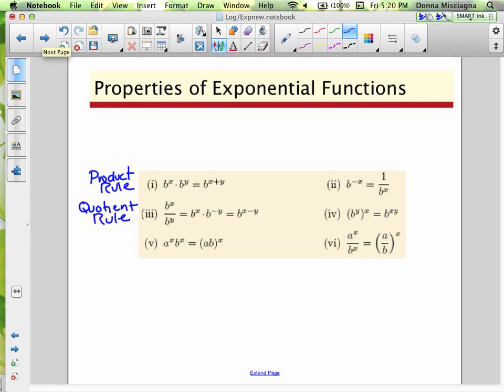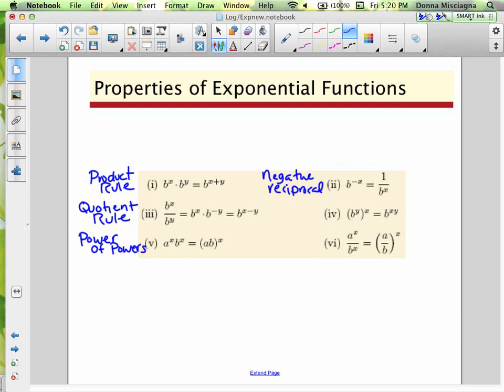We have a negative reciprocal. Right, so a negative exponent is just the reciprocal of that particular function. That particular base, which could be a function. All right, so also, right here we have the power of powers rule in different formats. So all of these are power of powers.